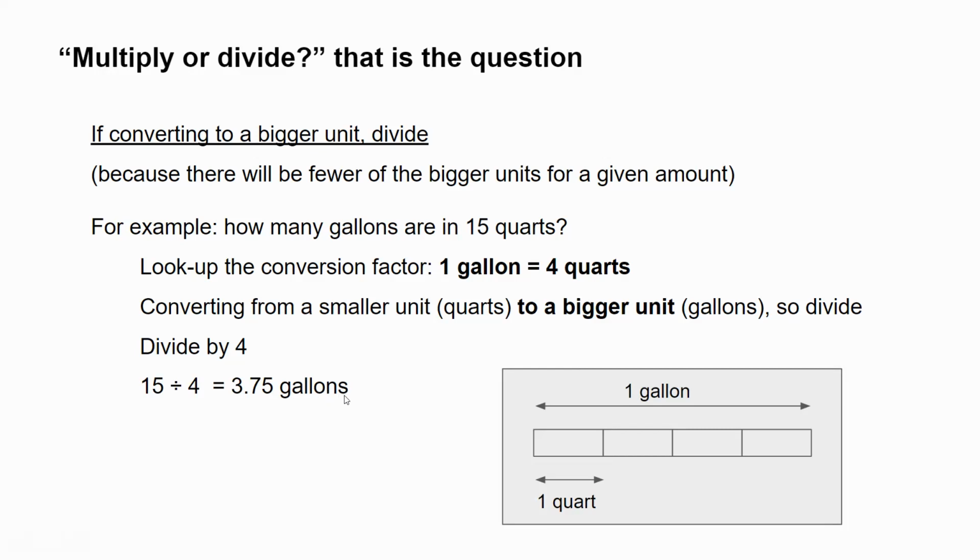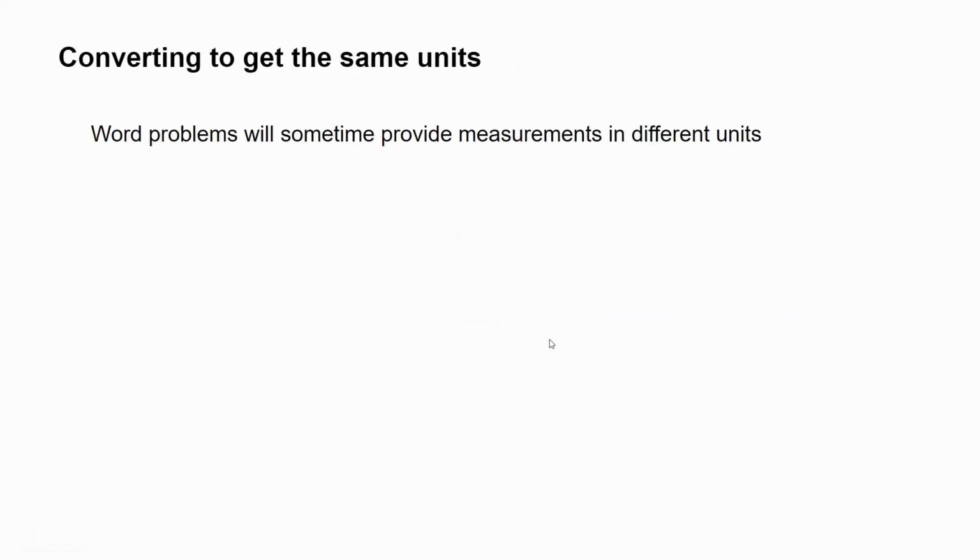Use your intuition and instinct on these problems because you probably have a very good sense for whether you should end up with a smaller number or a larger number. If you should end up with a larger number, multiply. If you should end up with a smaller number, divide. Good rule of thumb.